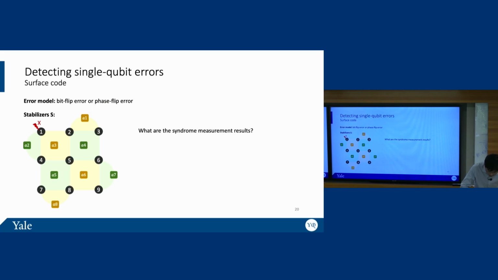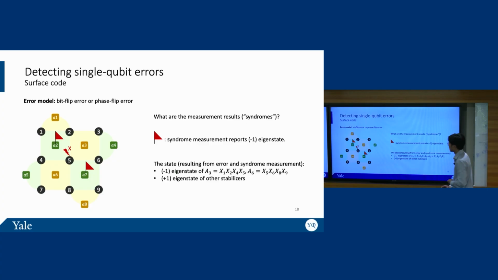I think I might have it somewhere. Okay, for example, let's get back to here. If I have another X error that happens to qubit number 6, this flag is still there, but because this check interacts with both qubit 5 and qubit 6 that experience the errors, they will flip the ancilla qubit twice, thereby making it back to 0 and not raise the flag.